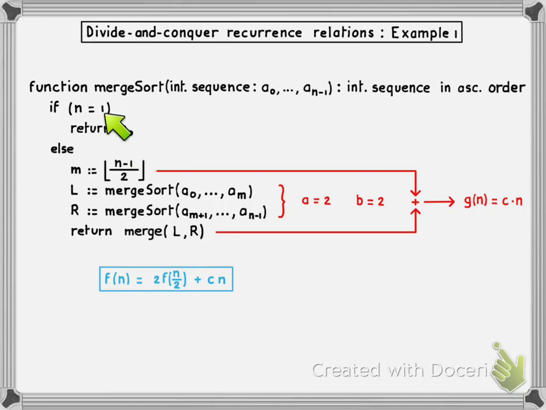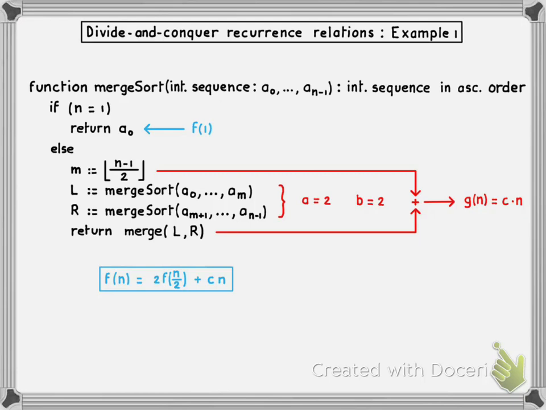Since the size of the base case is 1, the runtime of this algorithm is nothing but f of 1. And in this case, f of 1 is just a constant. We might even want to say it's a constant 1 since it only takes one step to execute. So together this recurrence relation and this initial condition constitute a recursive definition of the runtime f of n of this algorithm, and in a later segment we will show how to solve this recurrence relation.